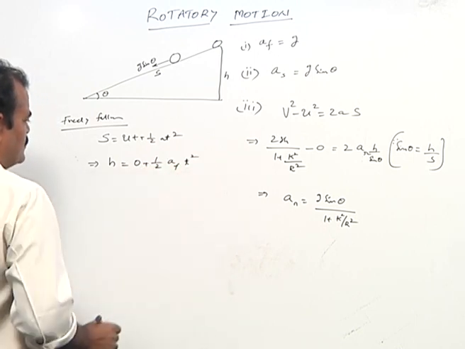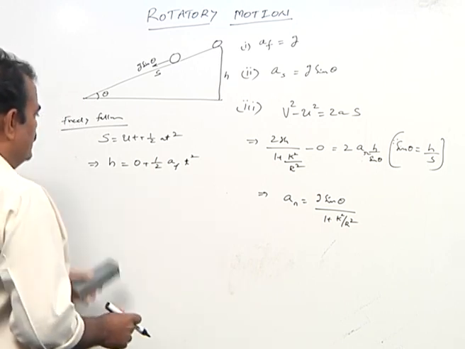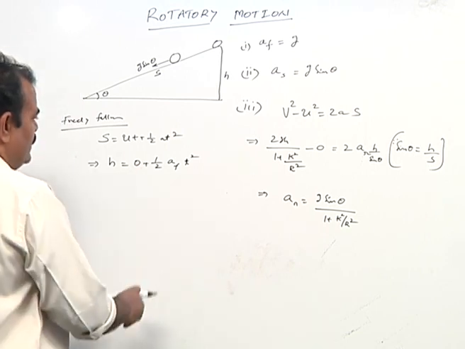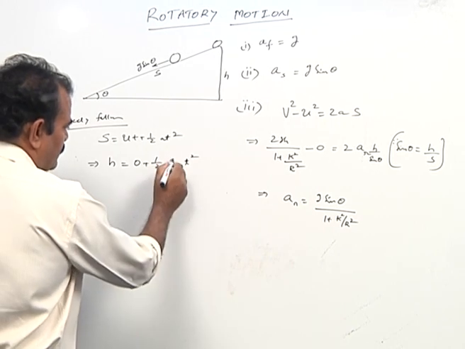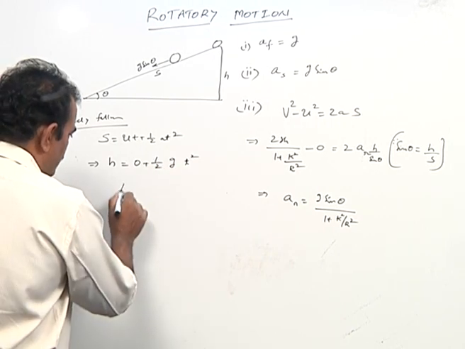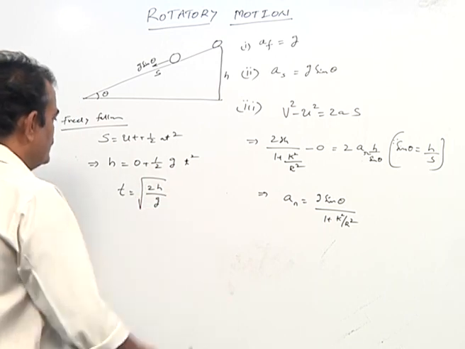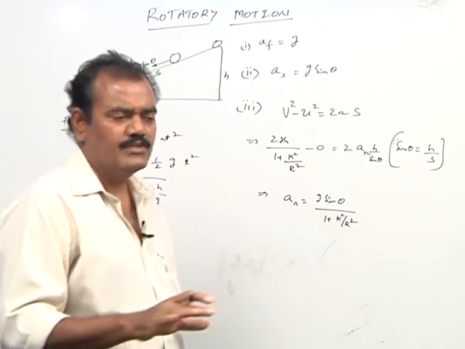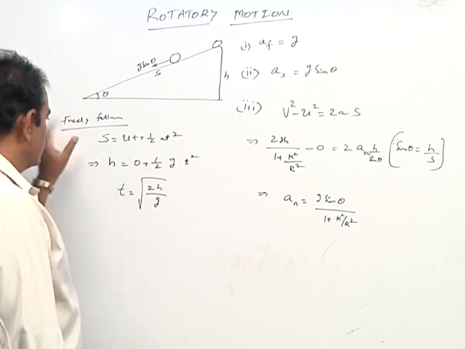So t is equal to square root of 2h by g. That is the time taken by the freely falling body to reach down the inclined plane. So the first one is over.